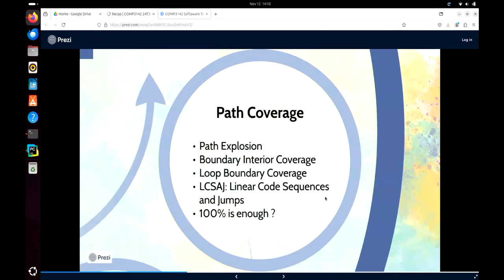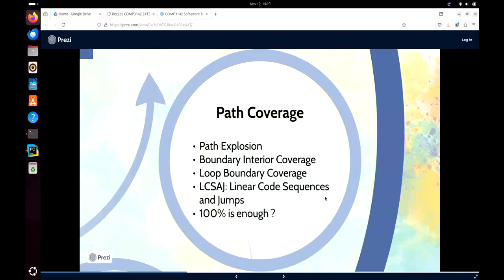And then we also learned linear code sequences and jumps, which could have multiple levels. If it is at level 1, then it is essentially statement level coverage. If it is at level 2, then it is branch coverage, and so on.